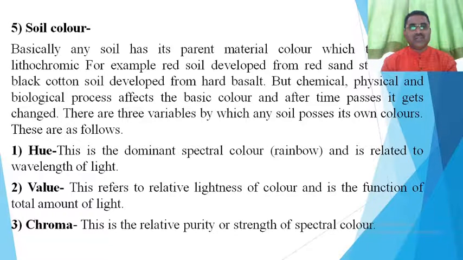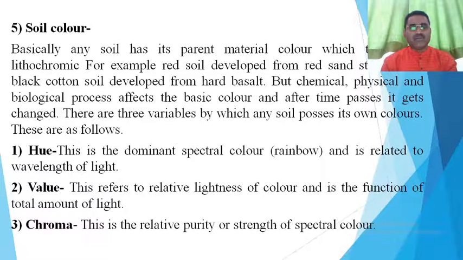There are three variables by which any soil possesses its own color. No doubt the basic rock or parent material gives color to any soil, but various changes occur as time passes, during the chemical, physical and biological processes.